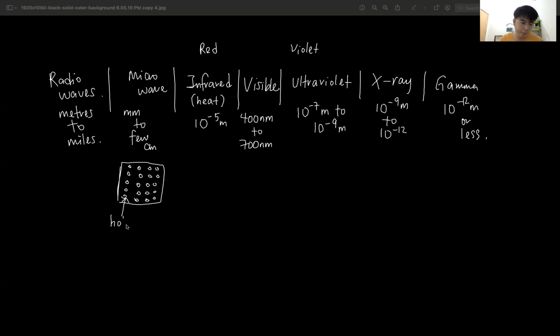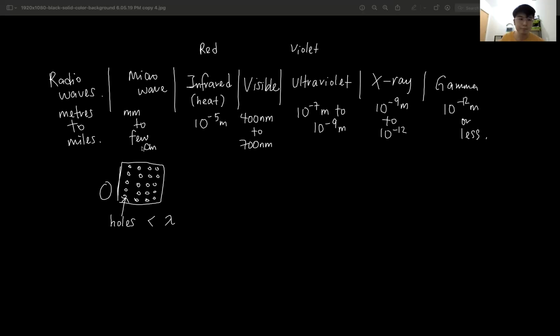All these holes must be smaller than the wavelength. That's why you see the holes are very tiny. If the hole is like 5 cm, then the microwave can pass through, and there's a leakage. So to block a wave, you have to make sure that the holes are not larger than the wavelength of the wave.